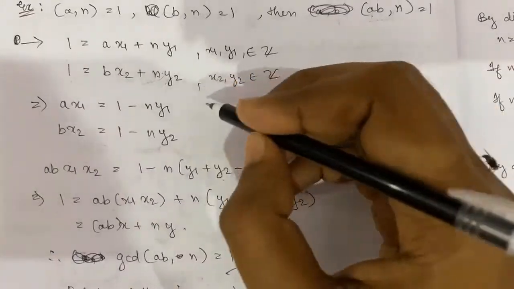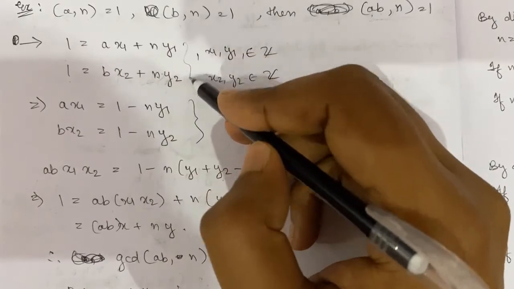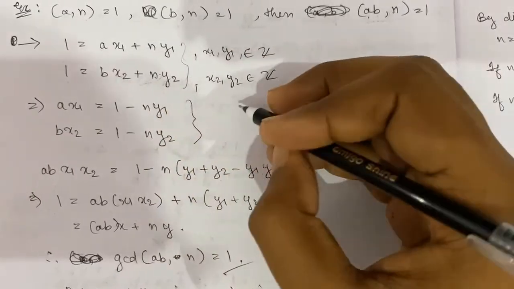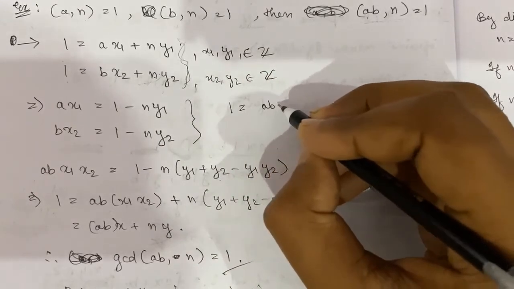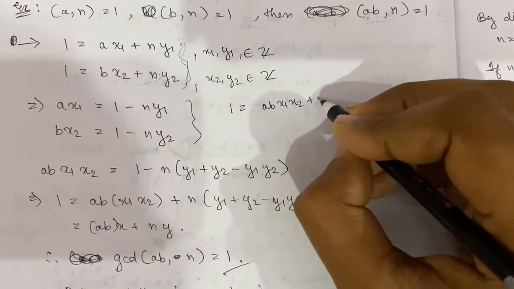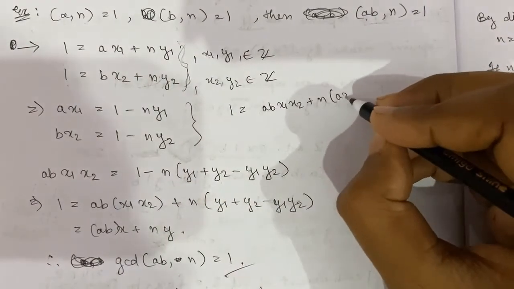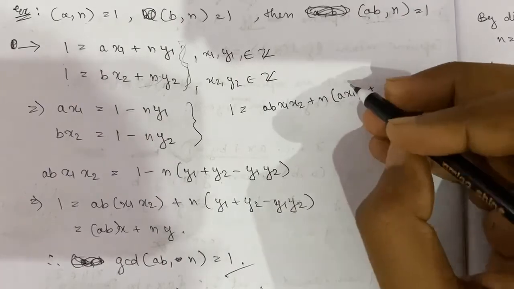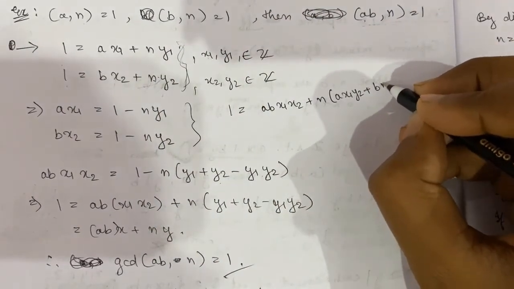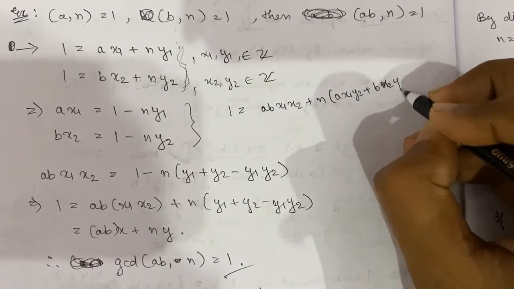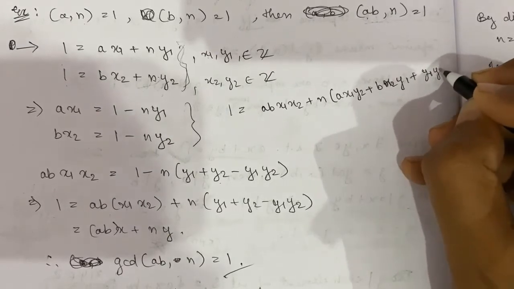If you think about it, if we just multiply the two original equations, we will also get the result. Multiplying them, 1 equals AB x1 x2 plus n times A x1 y2 plus B x2 y1 plus y1 y2.